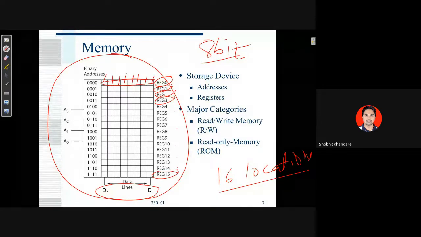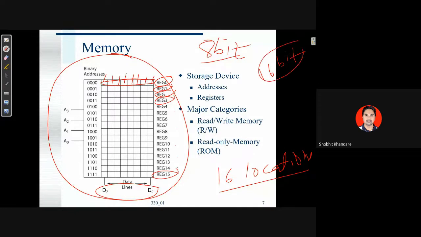Now if the size of your data bus is 16 bit, it can carry 8 bit as well as 16 bit, but not more than 16 bit. Suppose you assume your data bus is carrying 16 bit.